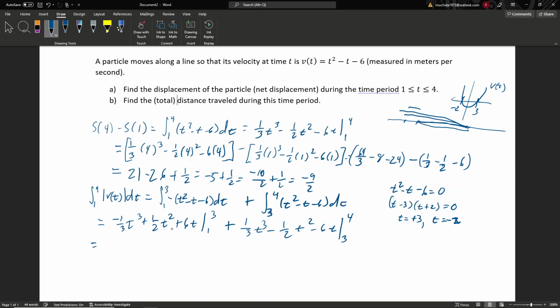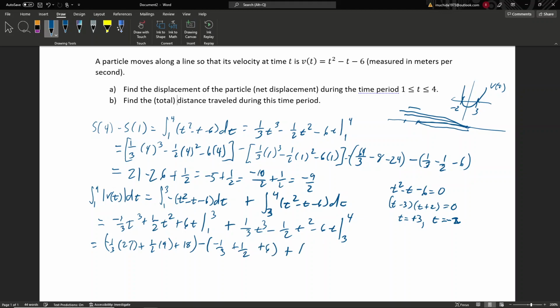Plugging in our upper limit, this will be negative 1/3 times 3 cubed, so 27, plus 1/2 times 9, plus 6 times 3, so that would be 18. And then minus plugging in our lower limit, so negative 1/3, plus 1/2, plus 6.